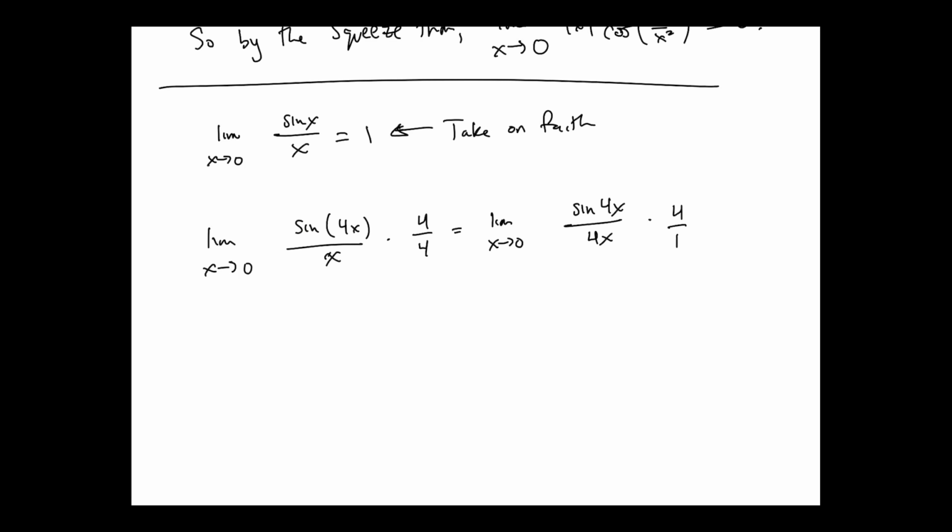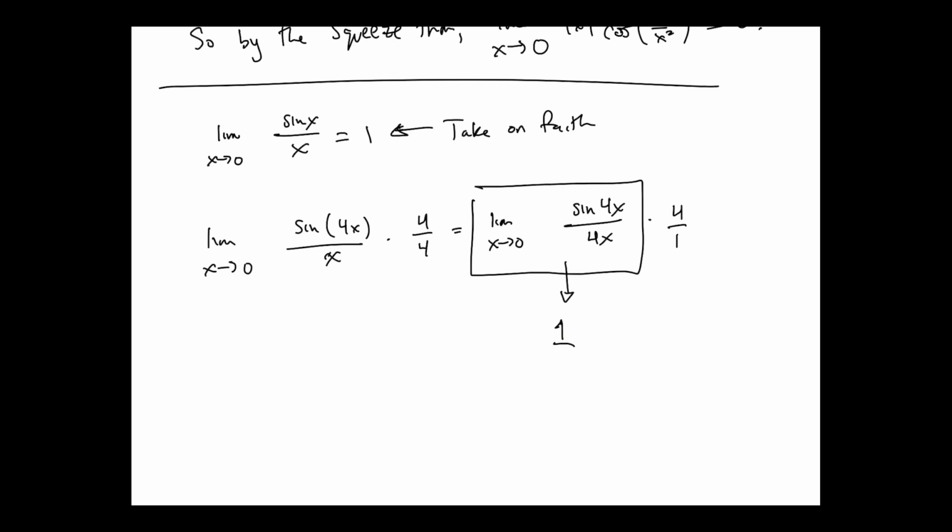Okay, now having done that, if x is going to 0, what is 4x doing? Also going to 0, right? So I could then say this part should go to 1, okay?